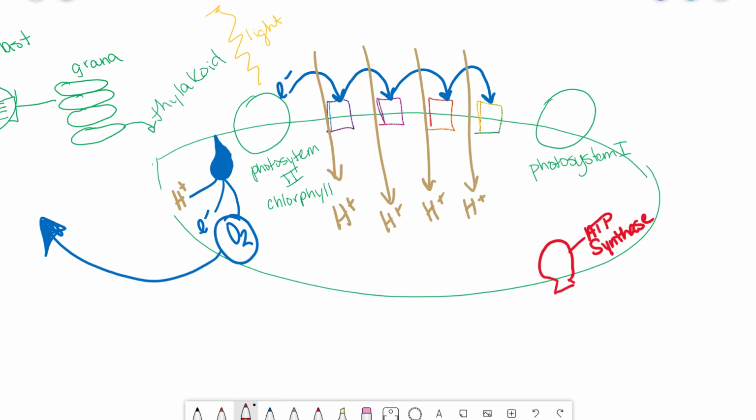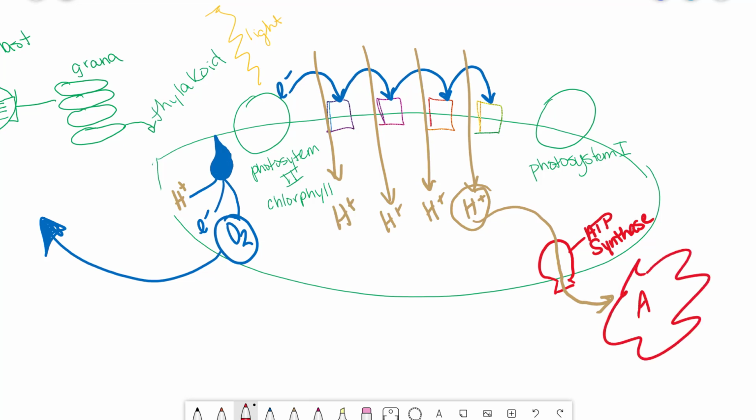And just like in electron transport, these hydrogen ions diffuse through ATP synthase and make ATP, again by adding a phosphate to ADP. We went through that before.